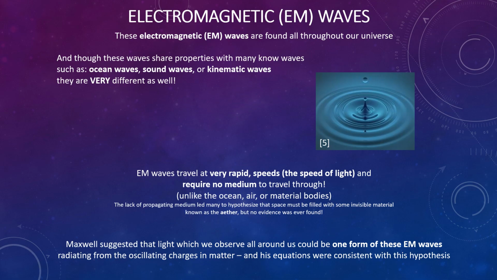But we now know that light can travel through anything, a vacuum even. And so Maxwell suggested that all the light that we observe around us is just one form of electromagnetic waves radiating from oscillating charges. And the equations that he derived were consistent with this hypothesis.